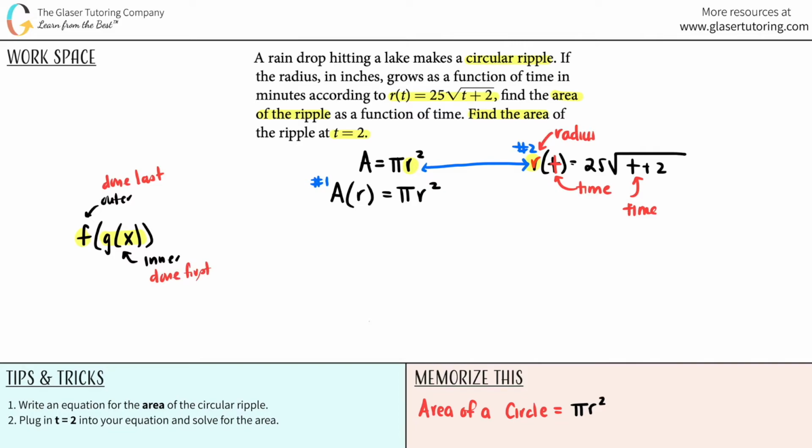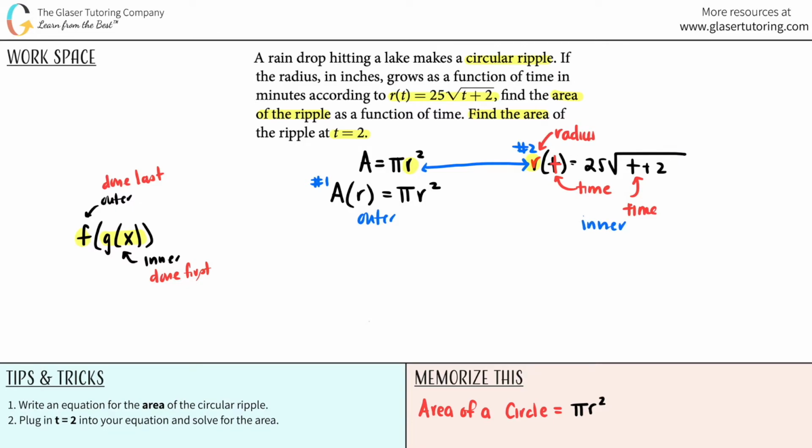So, tricky part coming up. We have two functions, 1 and 2. Which one is done first and which one is done last? Remember, the last one is usually the one that you're looking for. So if they're saying find the area, that's what we're looking for. So the area function needs to be the outer function, and the radius function has to be the inner function.